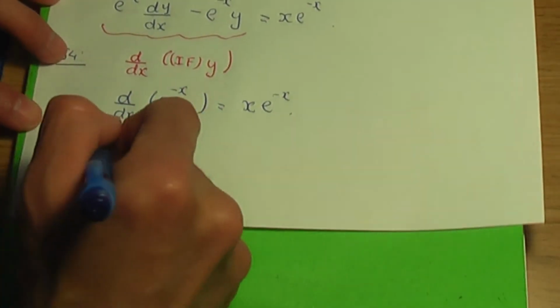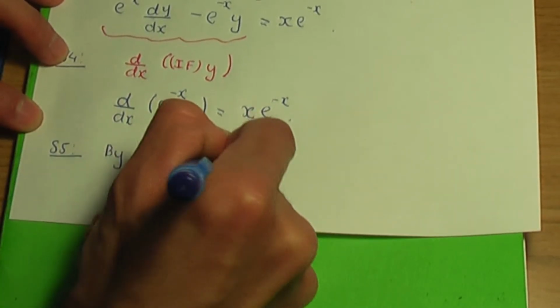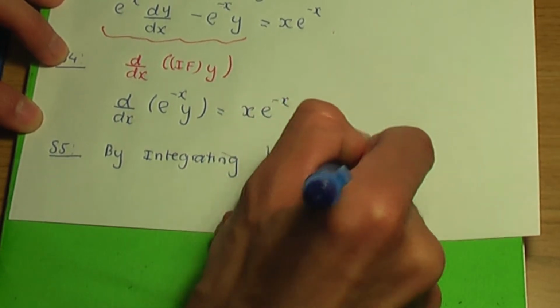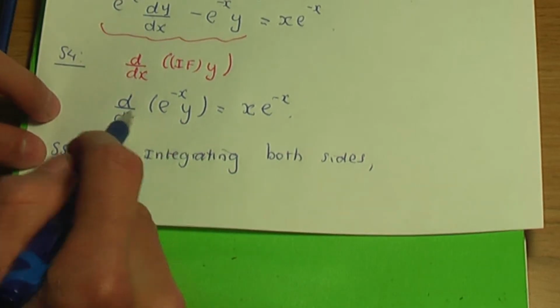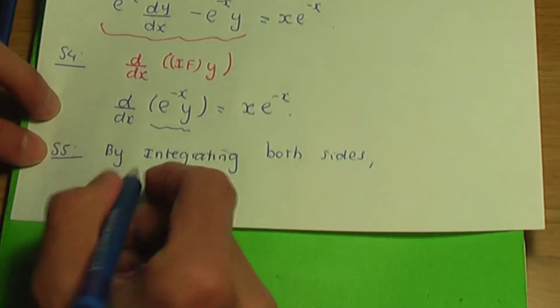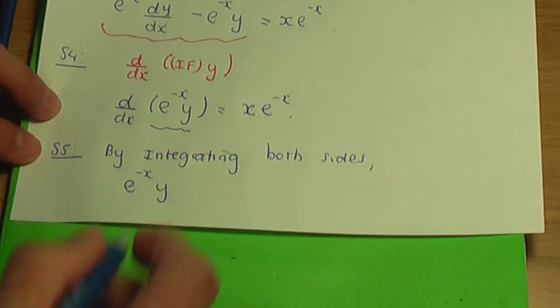So in step number 5, by integrating both sides. If we integrate something that we differentiate, we're going to end up with this term here. So we have e to the minus x times y.